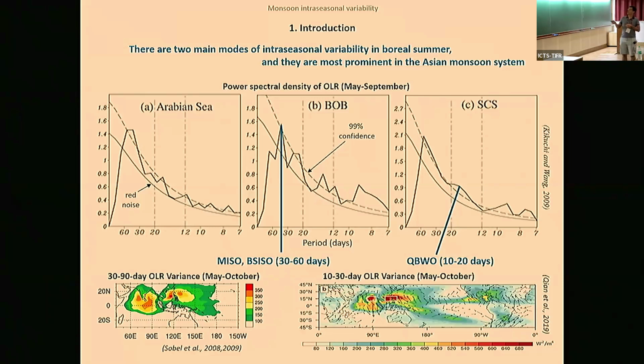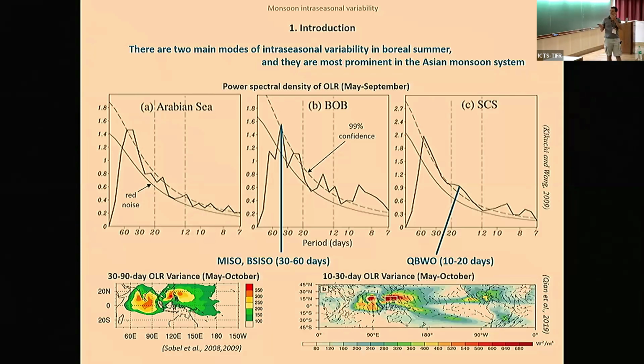In each of these regions, you can see a peak between 30 and 60-day periods, and a peak between 10 or 12 and 20 days. Same thing here, and same thing in the South China Sea. And so we have those two modes of intraseasonal variability of the monsoon that happen on wide regions.